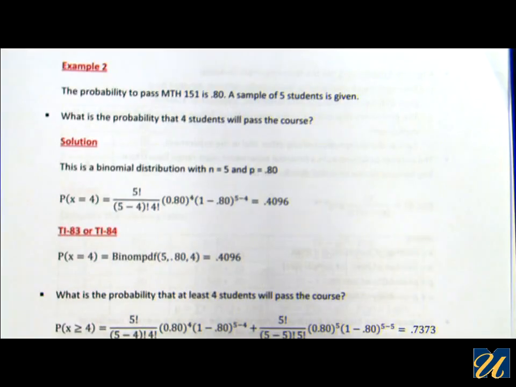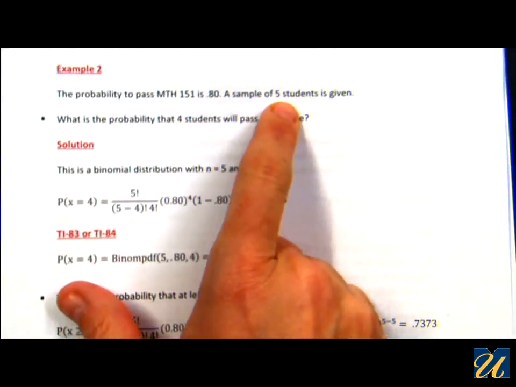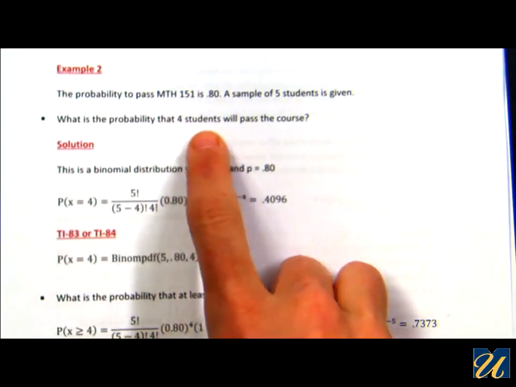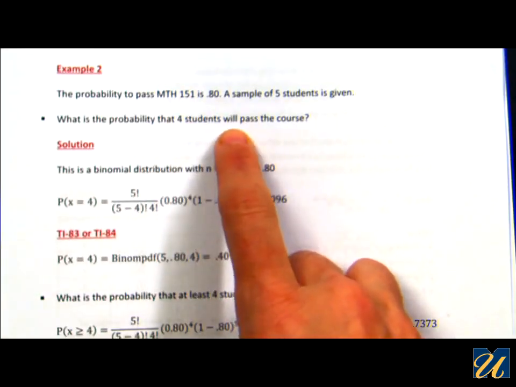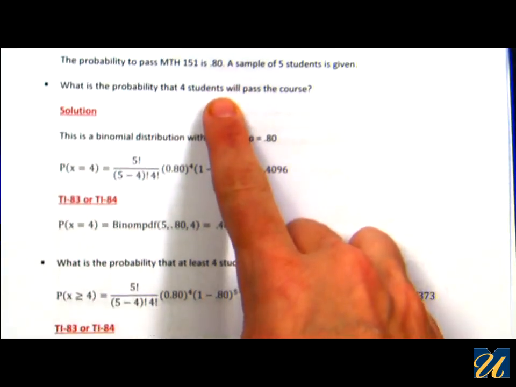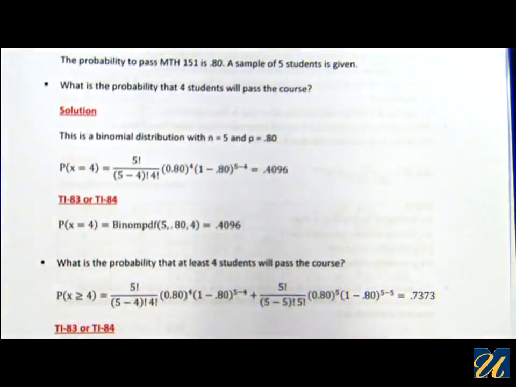So you are given the probability and the sample size. p is equal to 0.8, n is equal to 5. You are looking for the probability of X equal to 4, which is perfect because you don't need to rewrite anything. You have X equal to a specific value. All you need to do is plug in the information.